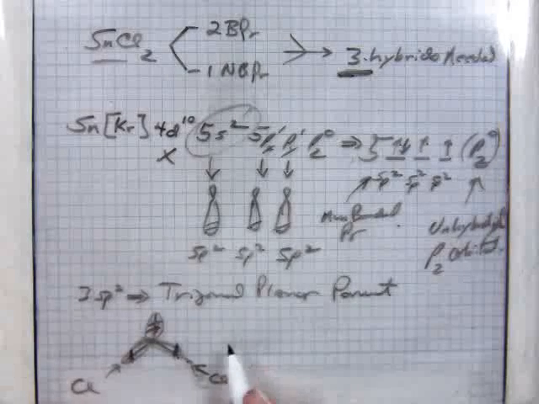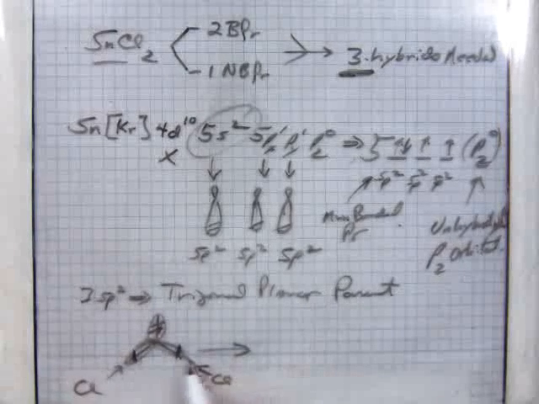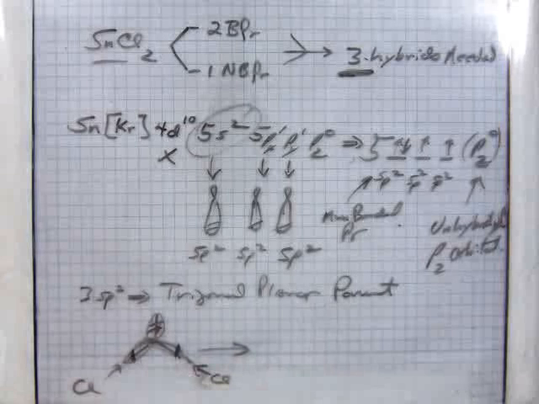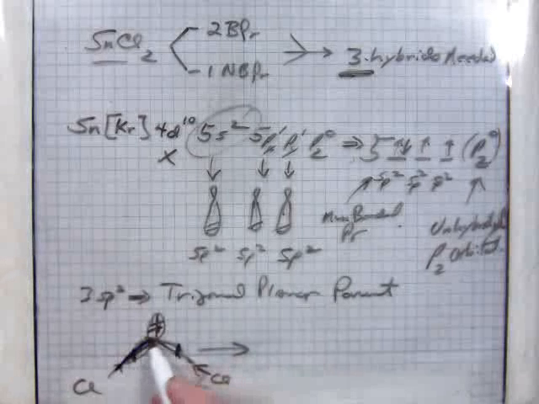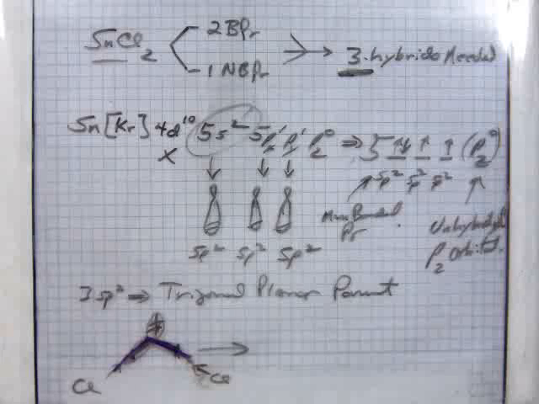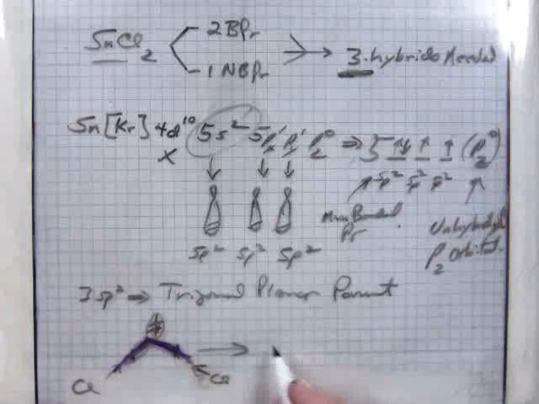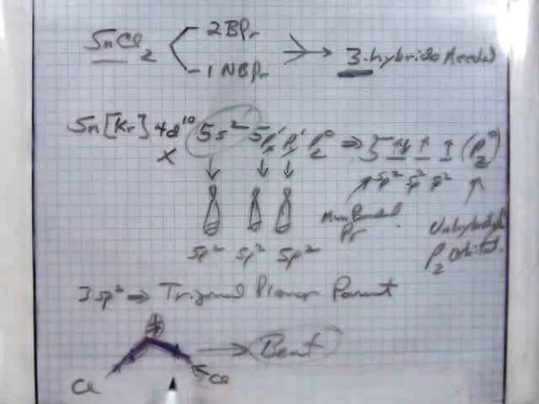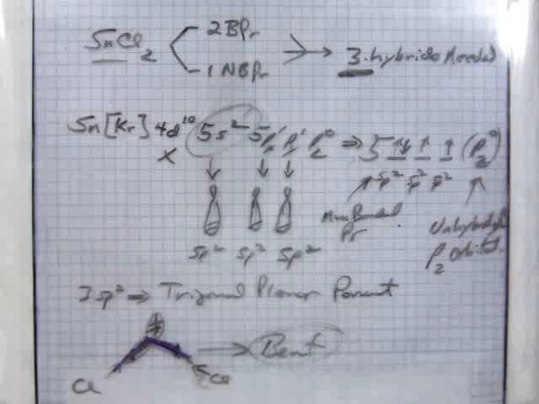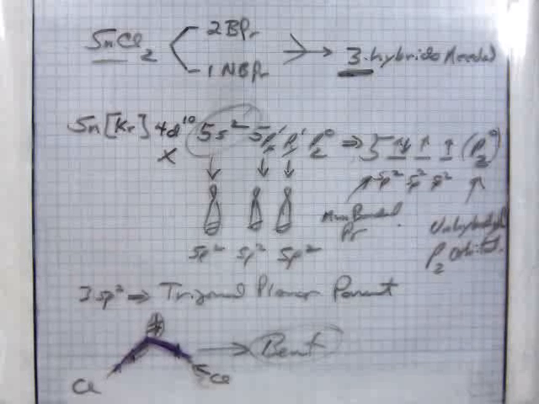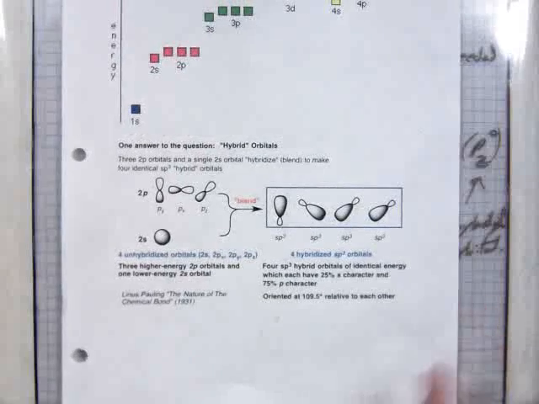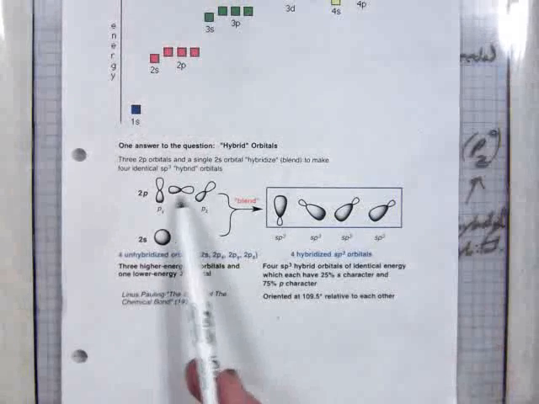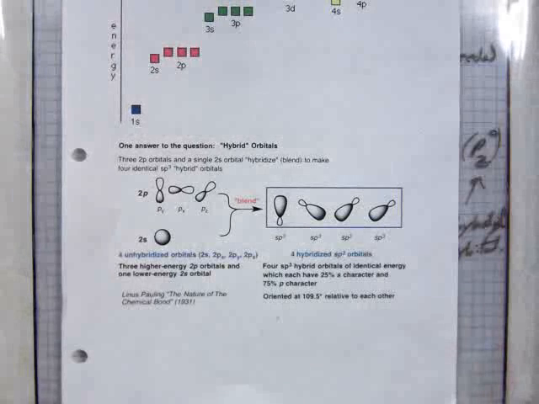Like that. And so the result is the angle generated between the bonded substrates only. And again, that is bent. So you have a bent geometry that is a result of sp3 hybridization, sp2 hybridization, sorry. 3 sp2s.